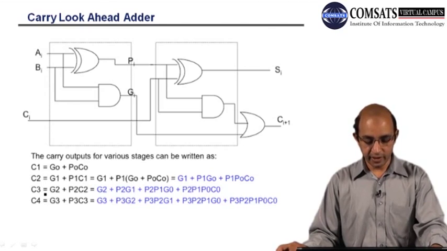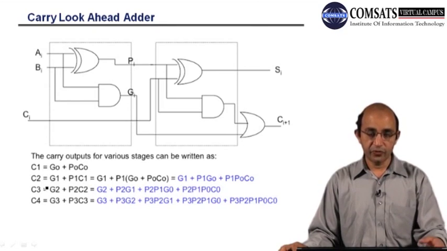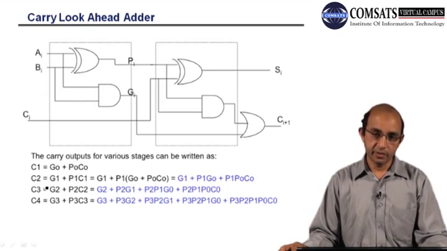Similarly, if we have the C3, you can see C3 is represented by P's and G's. C0 is still there. So if we talk about the carry propagation, in C2 there should be C1, in C3 there should be C2.